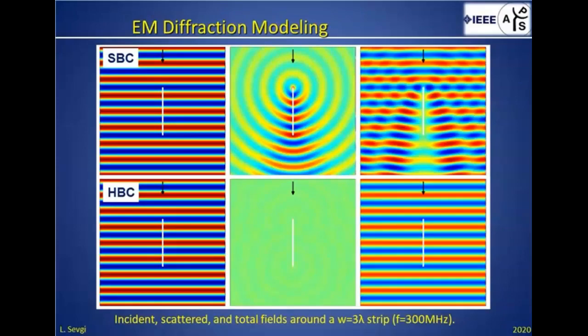But if you are an antenna engineer, you focus on the total fields. So antenna engineers basically deal with total fields, but RCS engineers basically deal with scattered fields. Incident field plus scattered fields gives you the total fields.